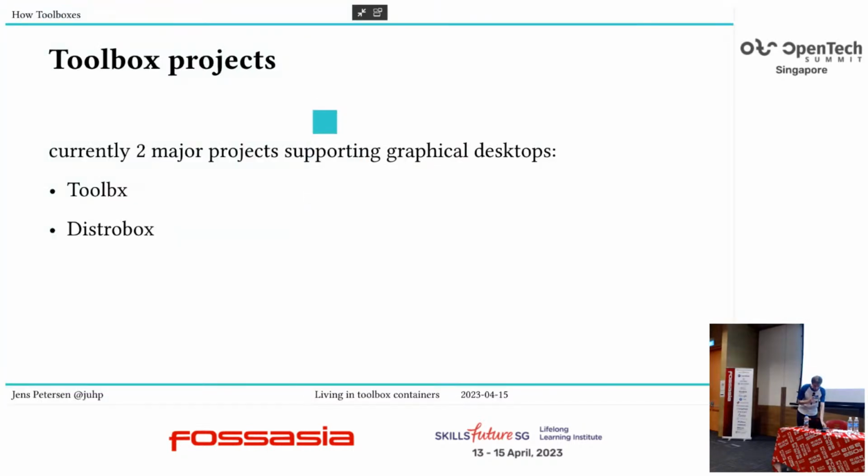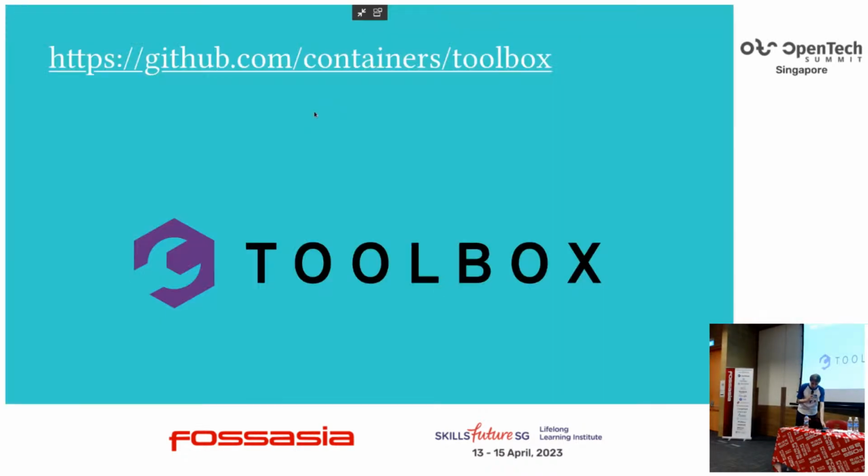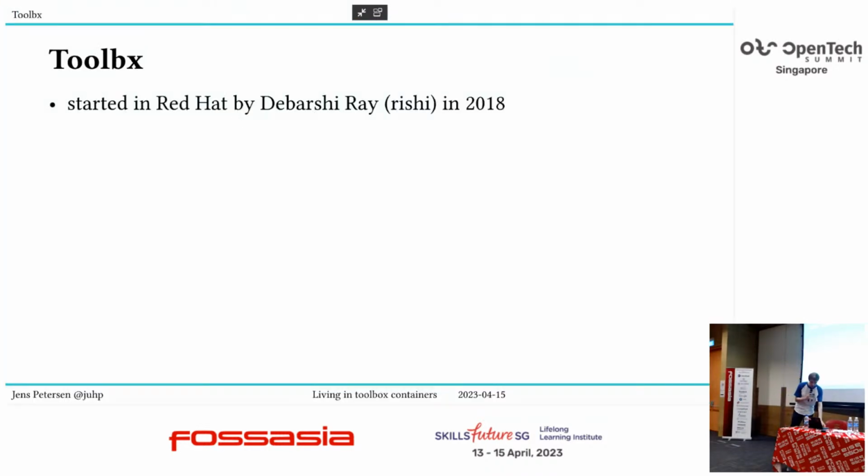Today I want to demo Toolbox and also DistroBox, which are the two main projects for interactive graphical environments. First, there's Toolbox, which is now hosted in the containers org on GitHub.